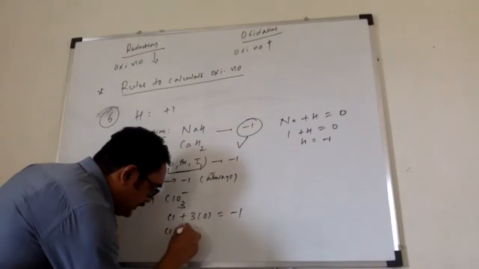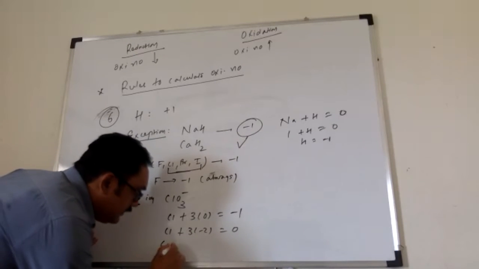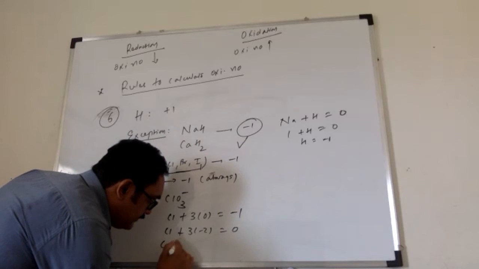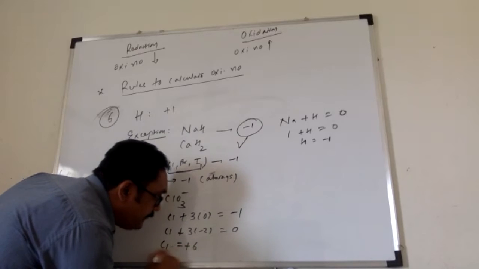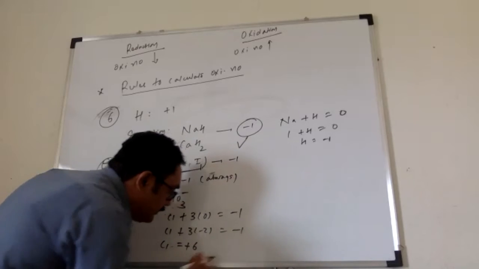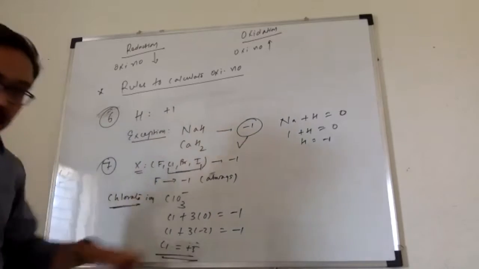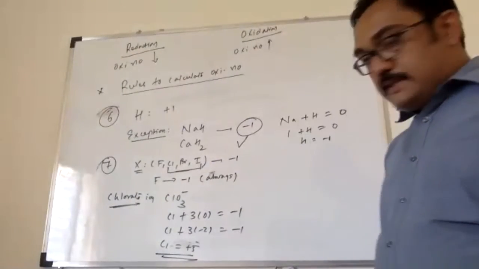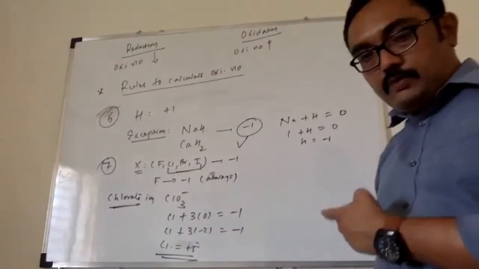So Cl plus 3(-2) is equal to -1. Cl equals -1 plus 6. The -6 will go to the other side. So Cl you will find in a +5 state. Chlorine here you will find in a positive state. So when halogens other than fluorine combine with oxygen, they are found in a positive oxidation state.